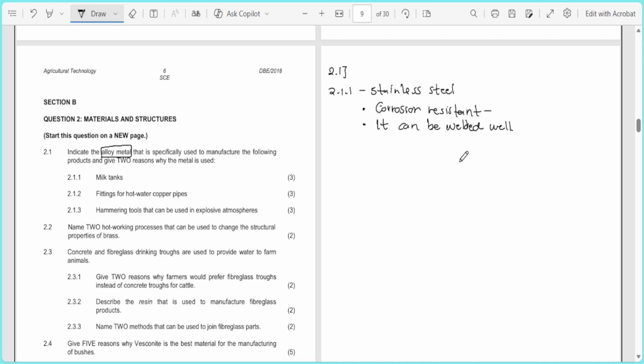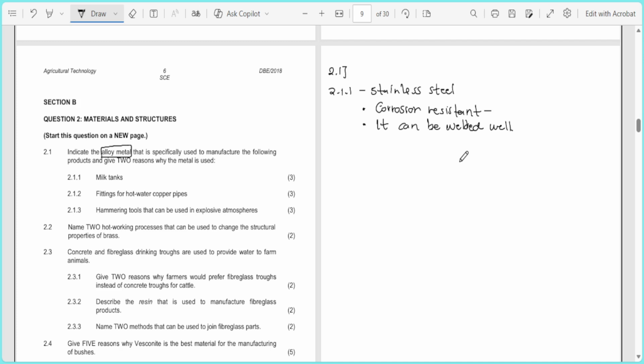Stainless steel can be welded well, meaning that the welded parts of the stainless steel ensure that the seams can be sealed perfectly during manufacturing and welding, maintaining a contaminant-free environment.